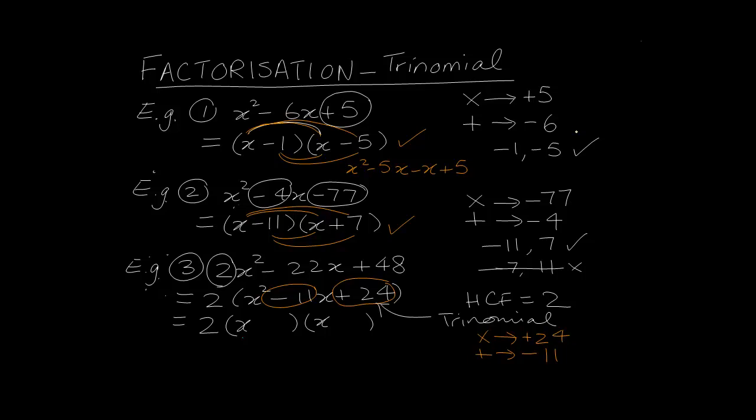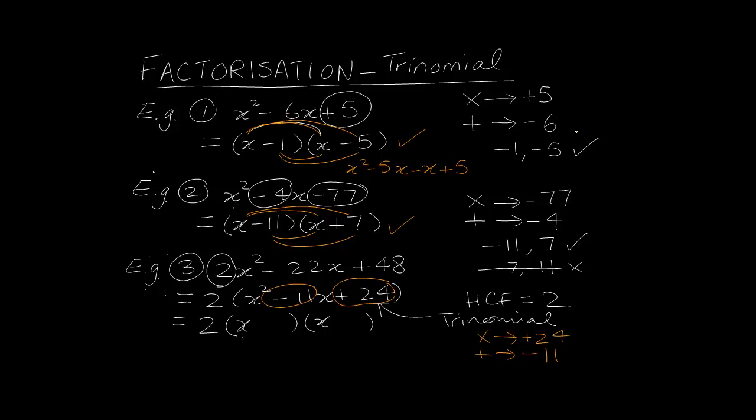Thinking through the combinations there, 8 and 3 would seem to fit the bill. 8 times 3 will certainly give me 24, but I need them to add to give me negative 11.